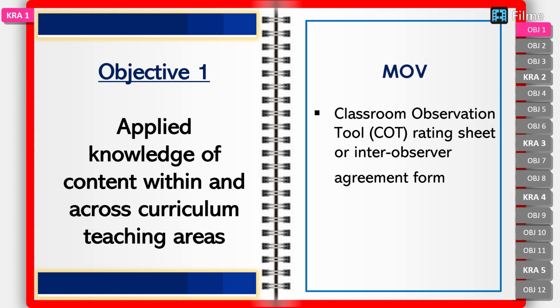Ang kailangan lamang natin na MOV ay Classroom Observation Tool or COT rating sheet or Inter-Observer Agreement Form. Ang rating sheet ay ginagamit if there is only one observer, while ang Inter-Observer Agreement Form naman if there are two or more observers.